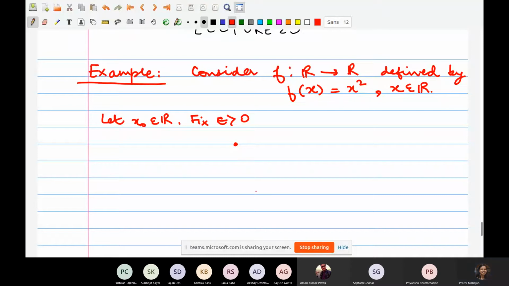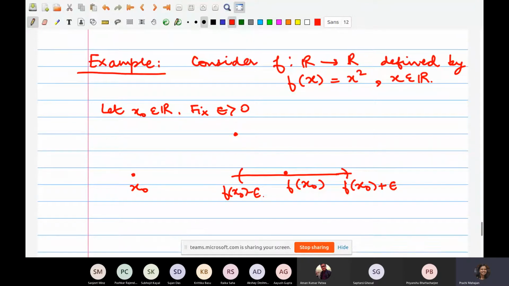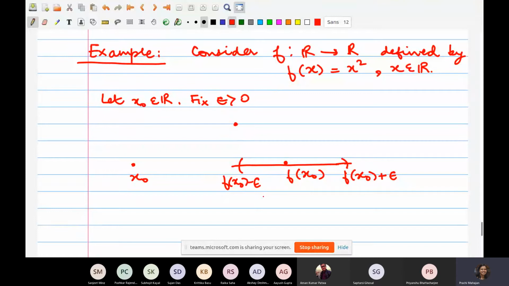You look at the point f of x naught and you look at the point x naught, right? So this is in the real line. No matter what epsilon you give me, having fixed the point f of x naught, I can look at the epsilon interval around the point f of x naught. So this is an epsilon neighborhood.